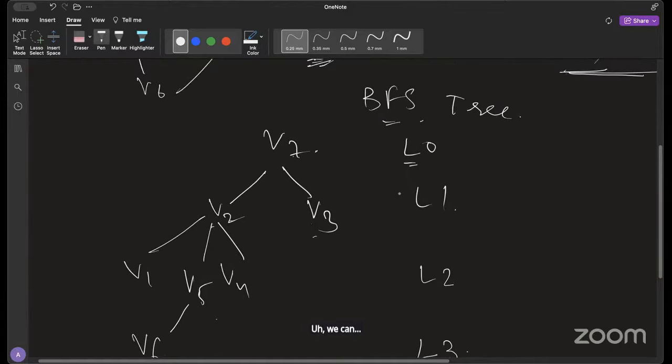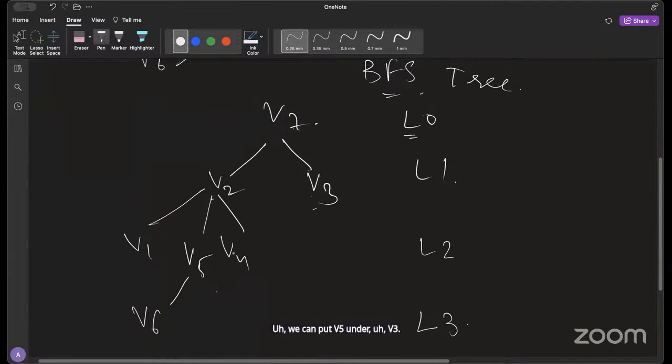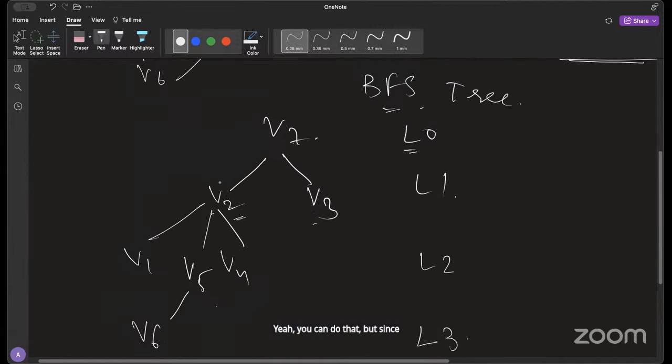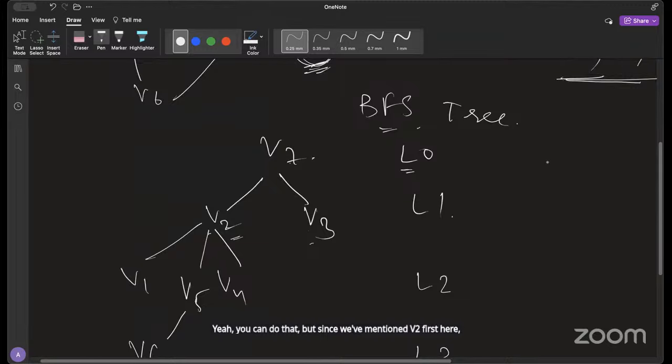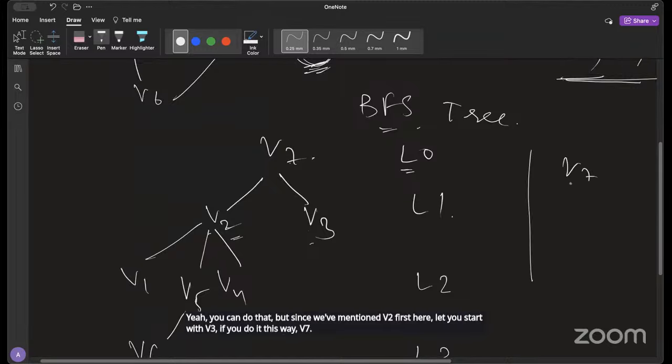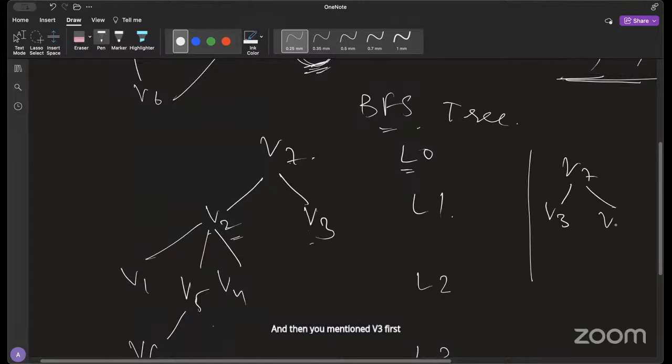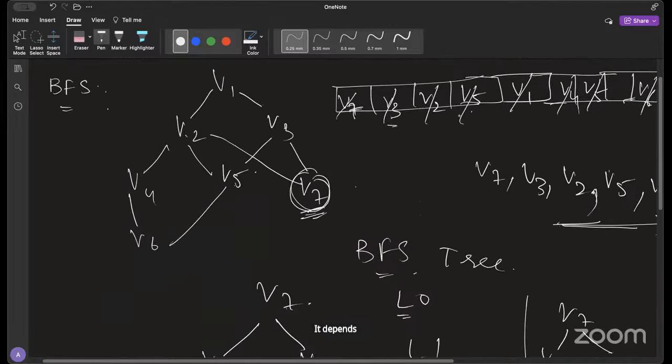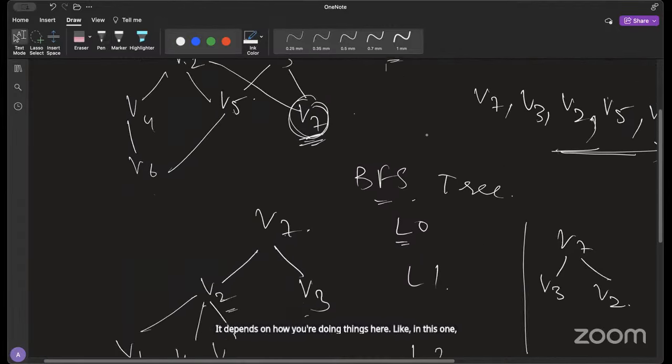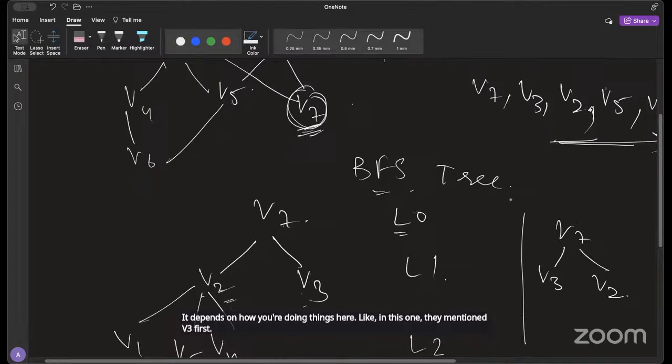Just a doubt. We can put V5 under V3? Yes, you can do that, but since we mentioned V2 first here, so if you start with V3, if you do it this way, V7, and then you mention V3 first here, V2, it depends on how you're doing things. Like in this one, they've mentioned V3 first. BFS search is actually not unique.